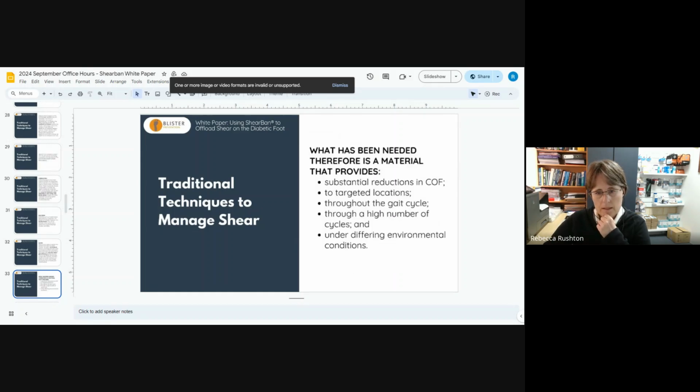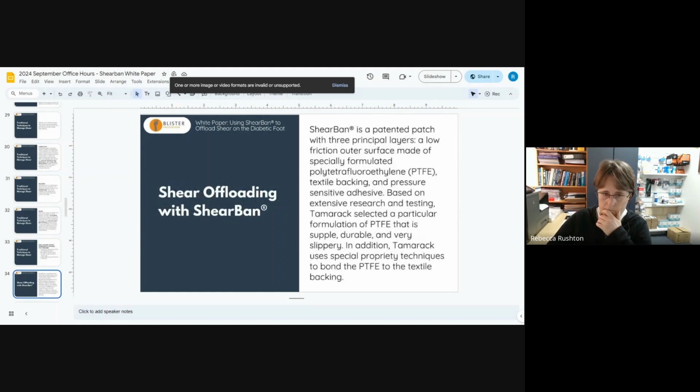What has been needed, therefore, is a material that provides substantial reductions in coefficient of friction to targeted locations throughout the gait cycle, through a high number of cycles, and under differing environmental conditions. And that's where and why ShearBan came about. So ShearBan is a patented patch with 3 principal layers.